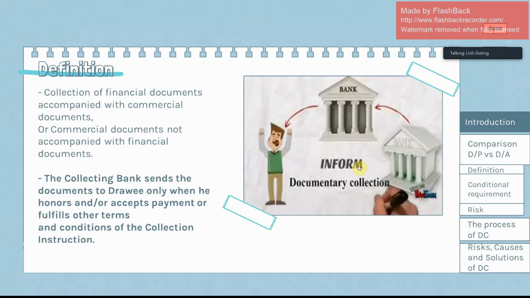and what makes this method different from other payment methods is that during this process, the collecting bank, which is the importer's bank, will send the documents to the importer on the condition that they have accepted the payment and fulfilled other terms of the collection instruction.